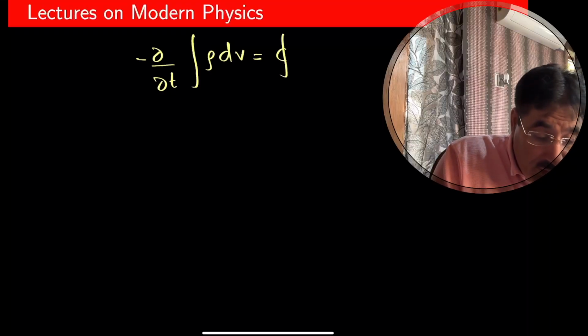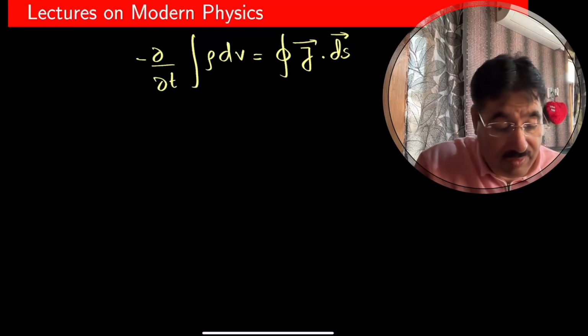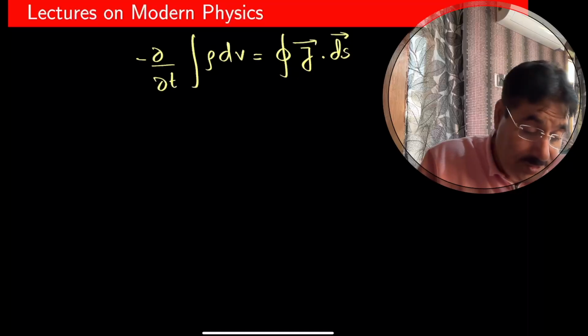So let me rewrite what we have now. We have minus del by del t of the integral rho dV equal to the surface integral of the current density, the flux of the current density through that surface. That's what we have obtained by the definition of the conservation of charge, right?